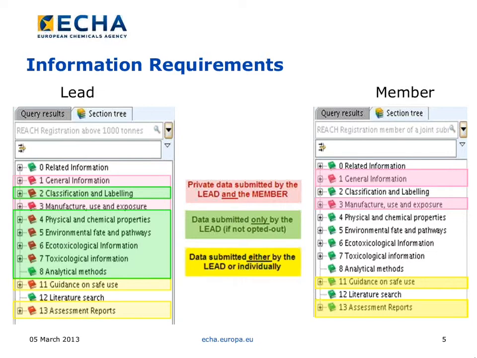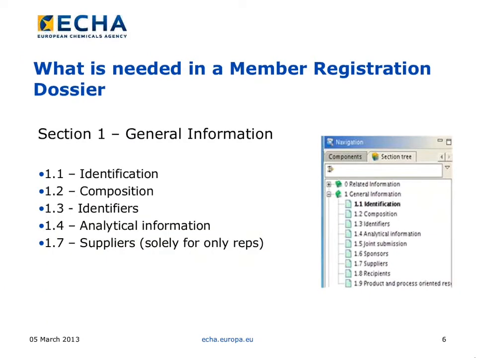The green sections 2, 4, 6, 7, and 8 are data submitted by the lead on behalf of the members unless the members have opted out. The yellow sections 11 and 13 are data submitted either by the lead on behalf of its members, and if that is not the case, then by the members individually.